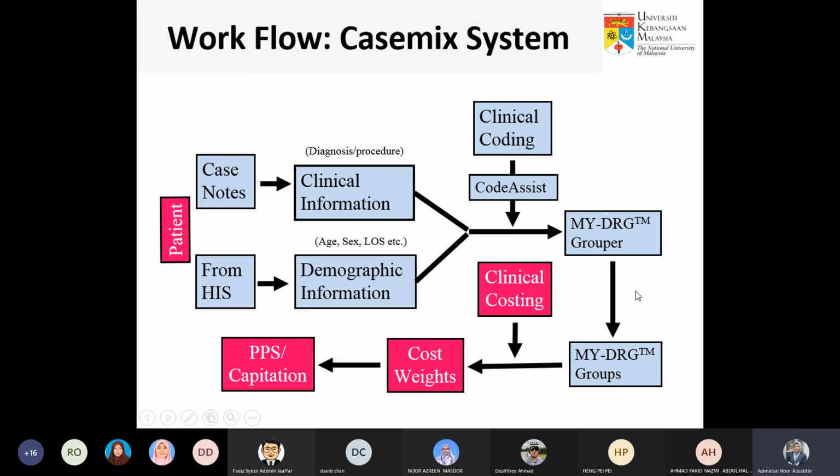Kemudian daripada grouper itu, software grouper itu, ini yang sekarang ni grouper ni adalah is not owned by UKM solely, it's actually owned by the Casemix solution. Sebab dulu Casemix solution ni adalah di bawah UKM Tech. Tapi bila UKM Tech dah jual ataupun dah split kan, so jadi one entity, private entity lah. Tapi because it's owned by them ataupun owned by UKM and them, so kita collaborate lah, ada MOU antara Casemix solution dengan UKM.